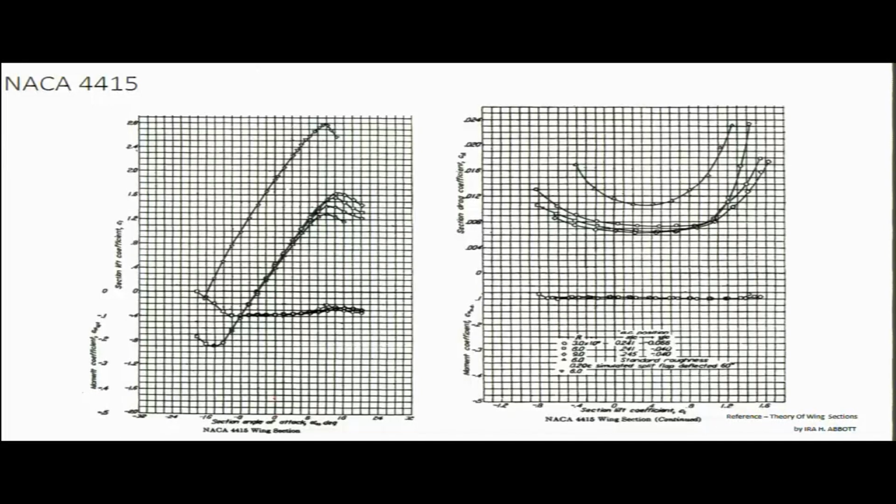Now for this aerofoil, what will be my Cl naught? So we need to select first the Reynolds number of our interest. Let us say 3 million is our current interest, and the corresponding Cl at which alpha is 0, which is our Cl naught, is approximately 0.4.